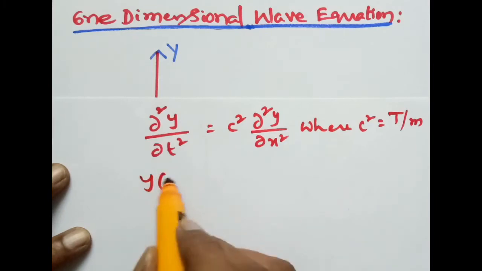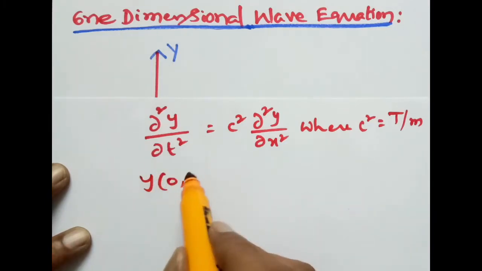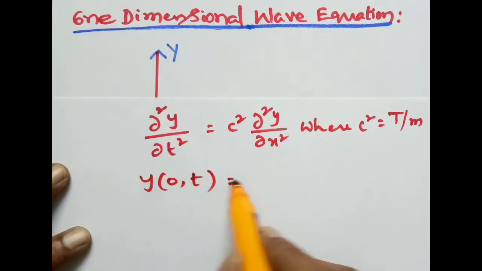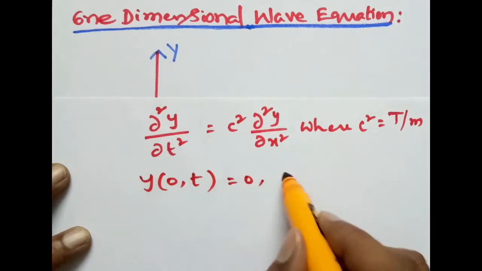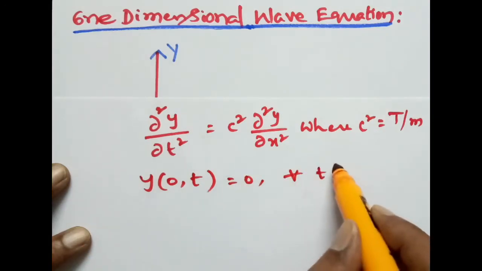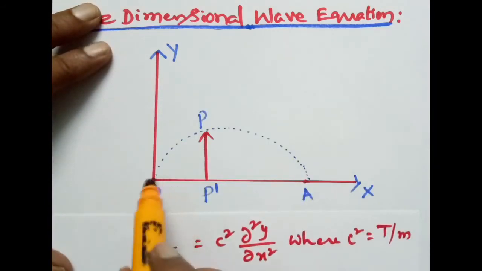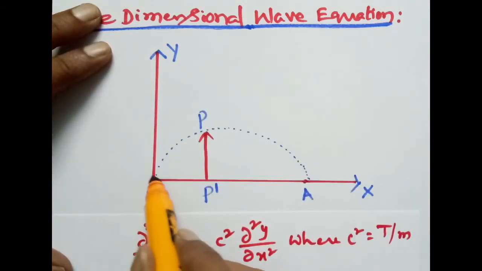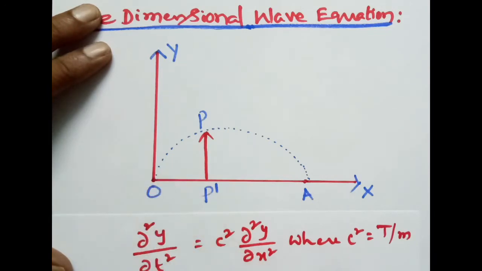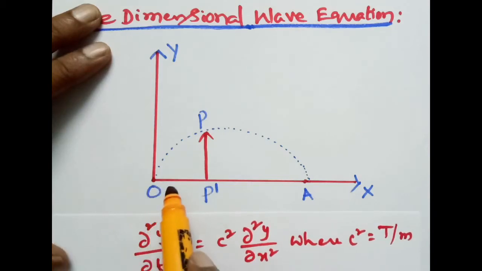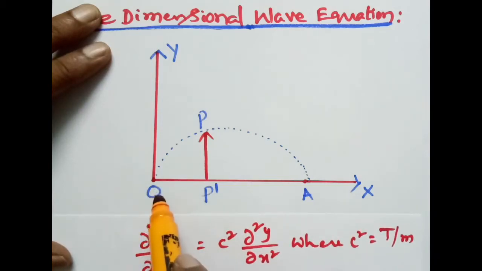y of 0 comma t equal to 0 for all t greater than 0. Here at this endpoint O, the origin, the displacement at any time t is 0.